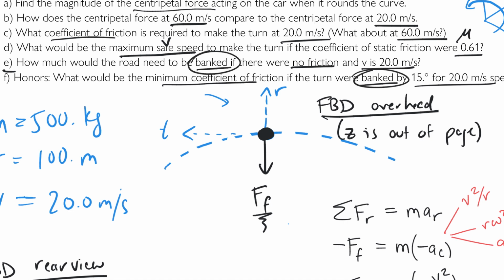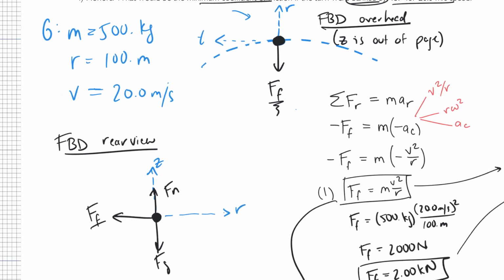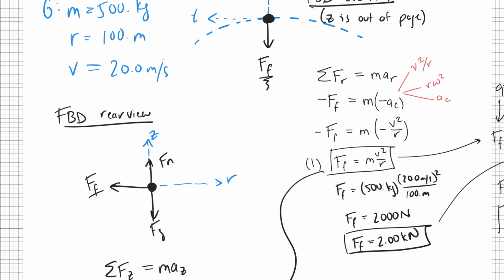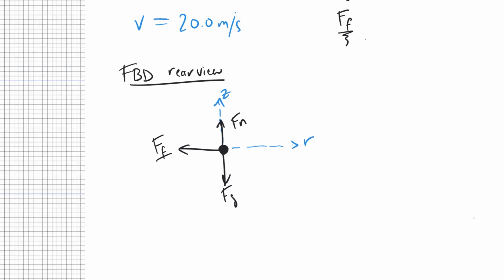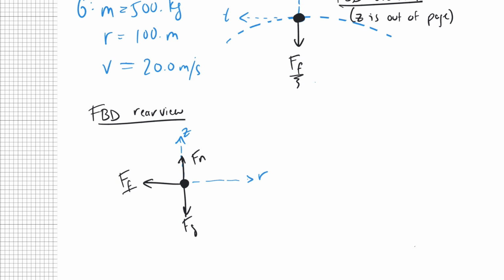So these both involve a banked road. For a banked road, we're going to need a free body diagram from the rear of the car. I want to imagine from behind the car, just like I did a second ago. This free body diagram is going to have a car on a banked road.